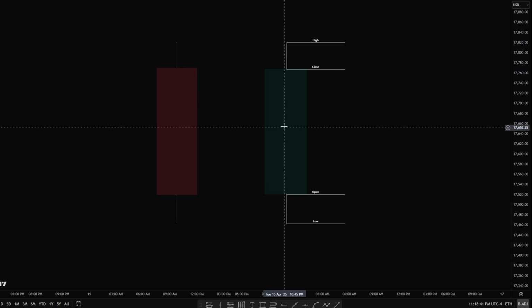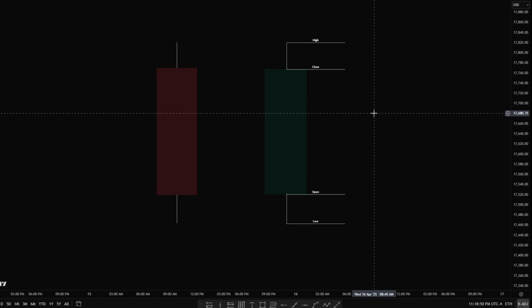We then retraced higher, expanded up, we went to this high, and then we closed in price right here. That's basically what this candle is telling us.